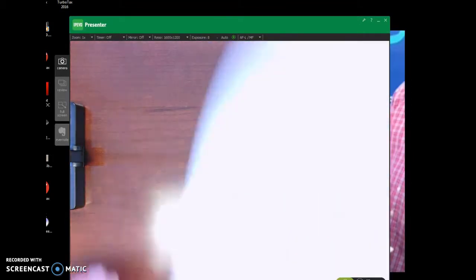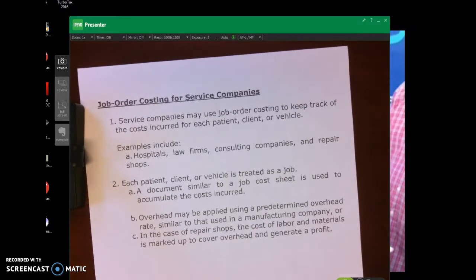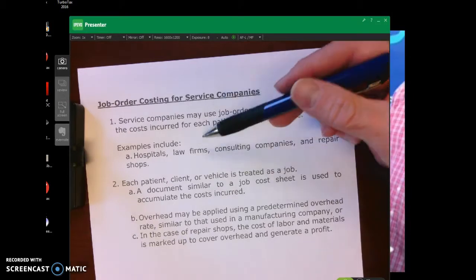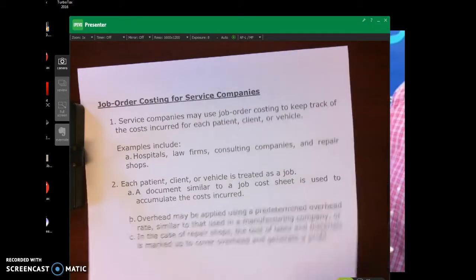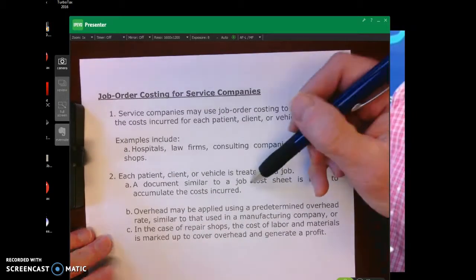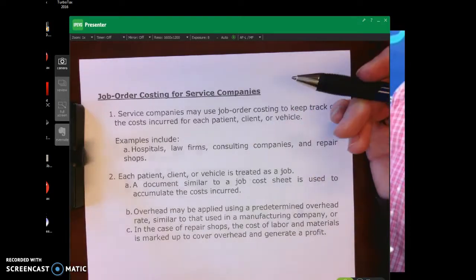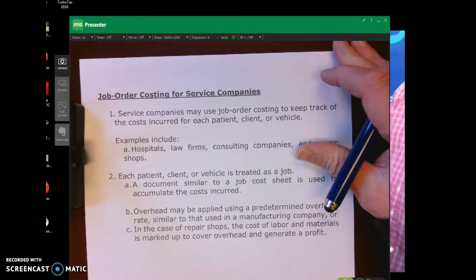Okay? Moving on to page 30 right over here, job order costing for service companies. Service companies such as an automobile repair shop, or a hospital, or a law firm, or a consulting company would be using job order costing systems, and they would use something similar to a job cost sheet to accumulate the costs that they would incur, and then they would apply overhead just like what we've seen with manufacturing.